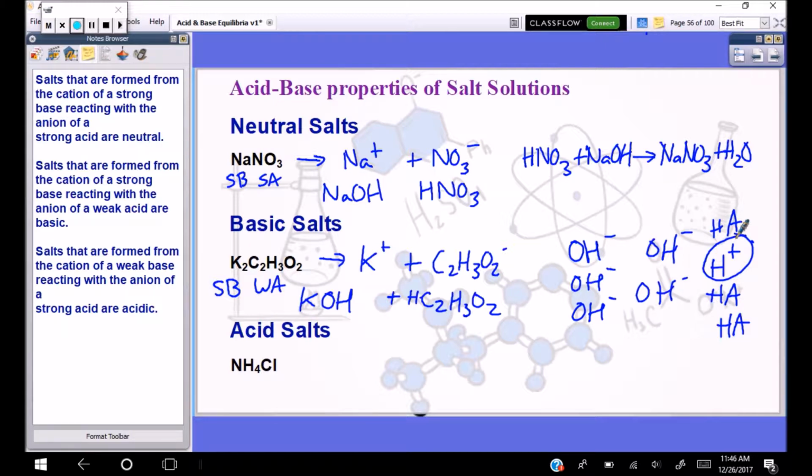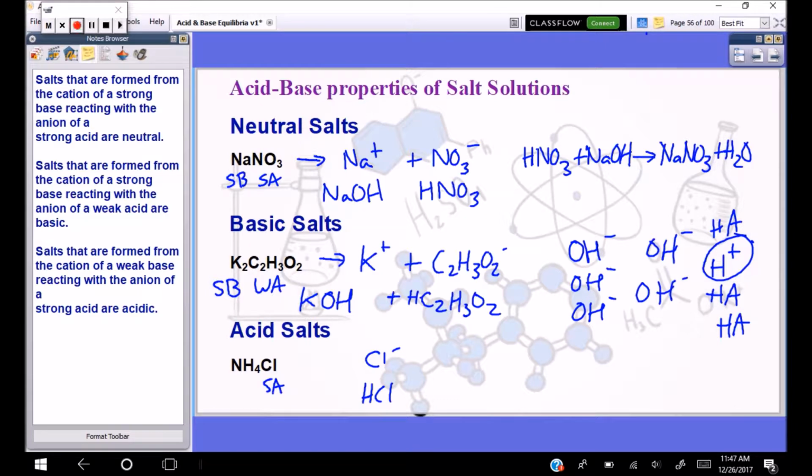Now, the converse is also true if you think about salts that are formed from a weak base and strong acid. We are going to end up in that same sort of position. If we're thinking about our solution here with ammonium chloride, we know that the Cl- is probably coming from hydrochloric acid, which is a strong acid.